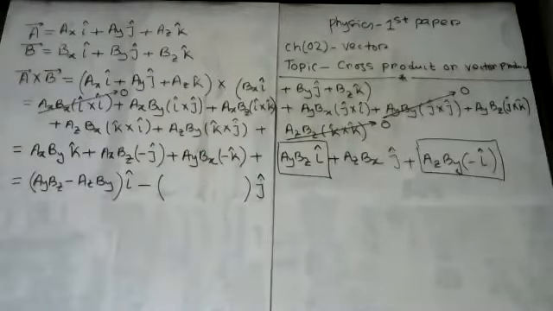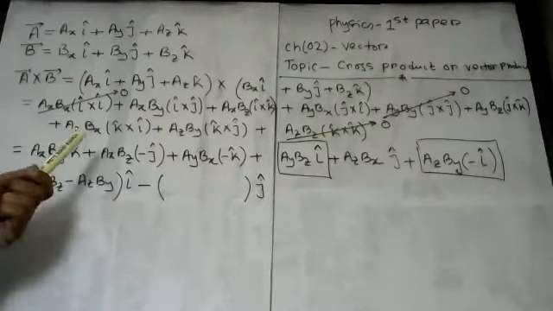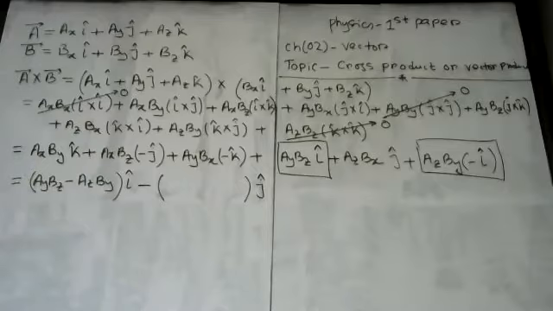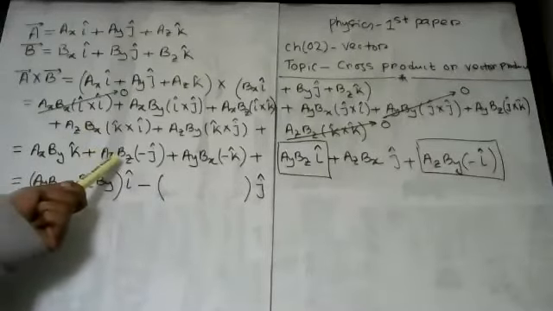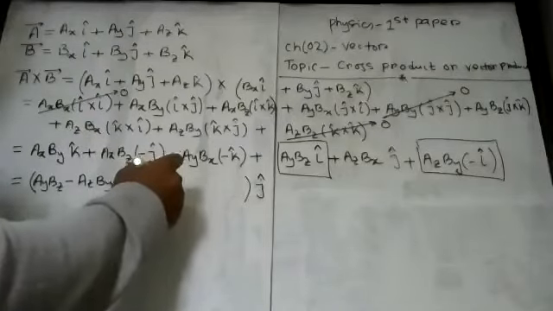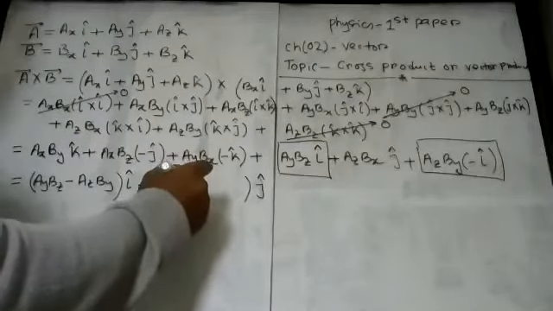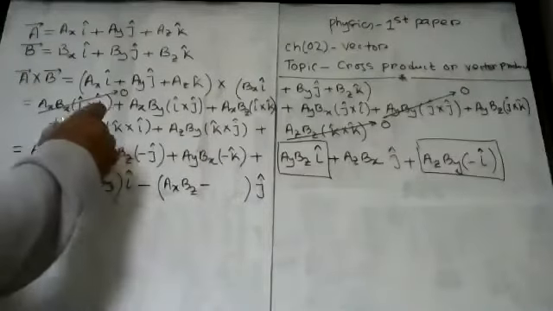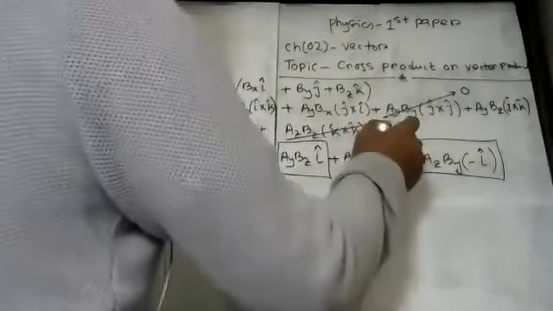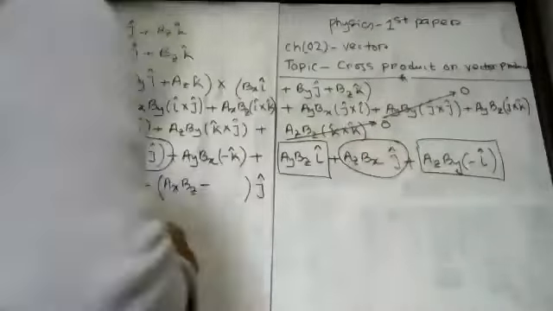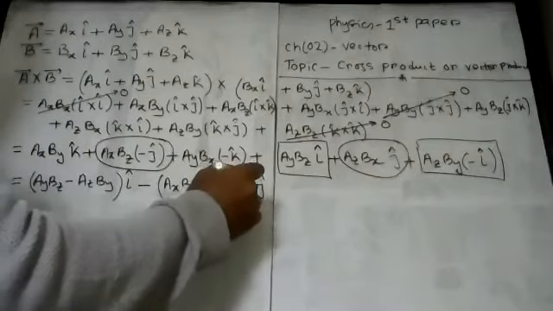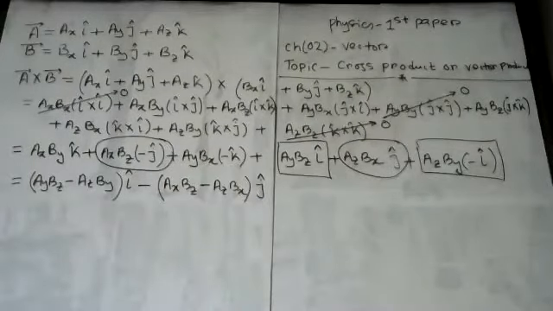If I take common minus j hat, then you see that a x bz becomes positive, because I'm taking minus j hat as a common factor. So a x bz becomes positive here, and a z and then bx becomes negative here. So a z and then bx.